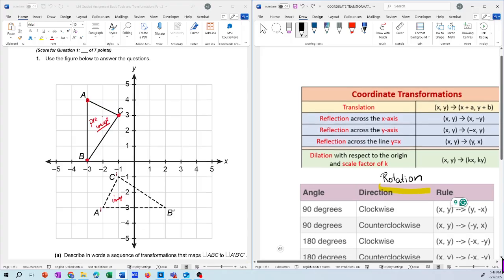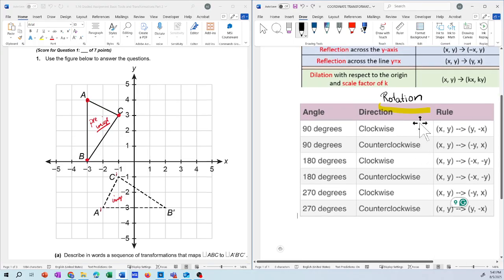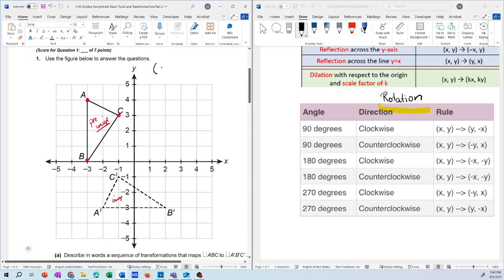We have the different types of rotation, and we have the rules here. The first thing you're going to do is give me the coordinates of A, B, and C. I'm going to do the first one with you. For A, you go to the left 1, 2, 3, and up 1, 2, 3, 4.